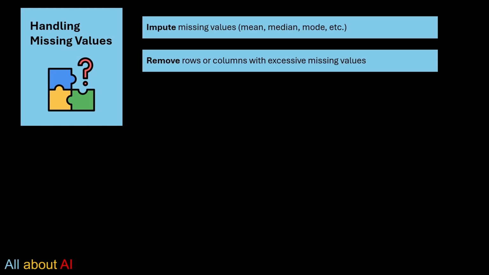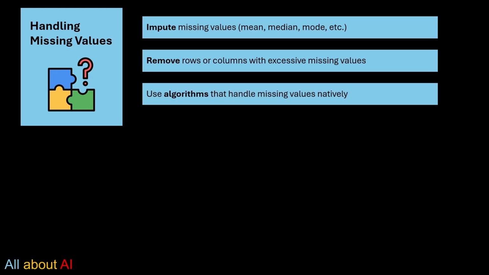Another way could be to remove the row or column if there are excessive missing values. A third way could be to use specific algorithms that handle missing values natively. As I mentioned earlier, some algorithms can handle some of the data deficiencies inherently.